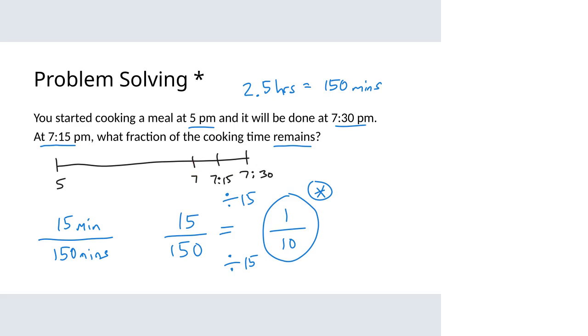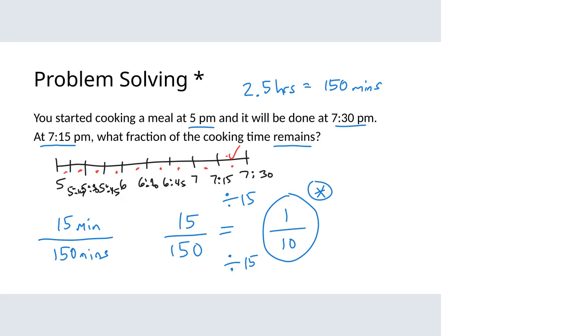So I've got 7 o'clock, 6:45, 6:30, 6 o'clock, 5:45, 5:30, 5:15. We cut it into 15-minute pieces because, well, that's what we had right here to work with. We had this 15-minute piece, and then I can see that there is 1 out of 1, 2, 3, 4, 5, 6, 7, 8, 9.